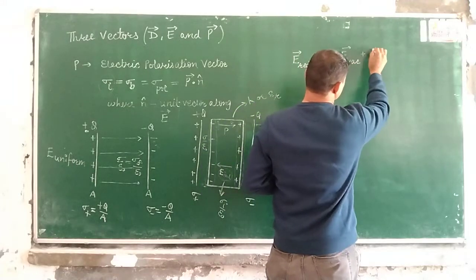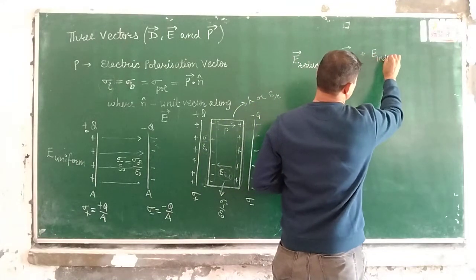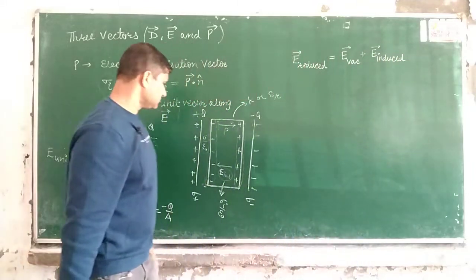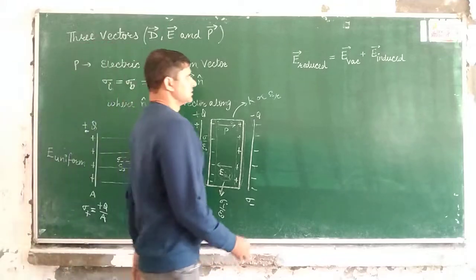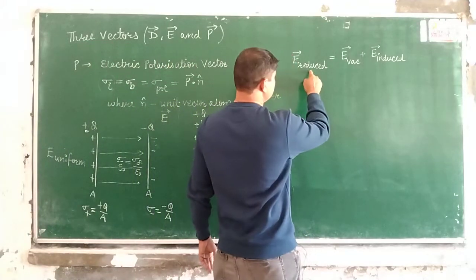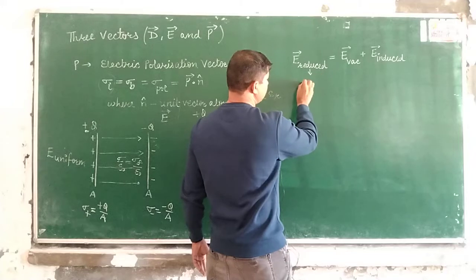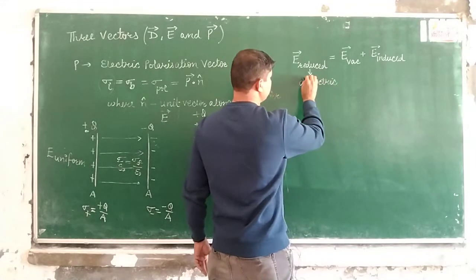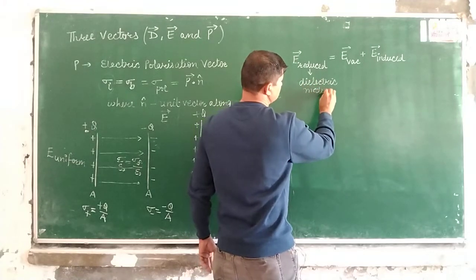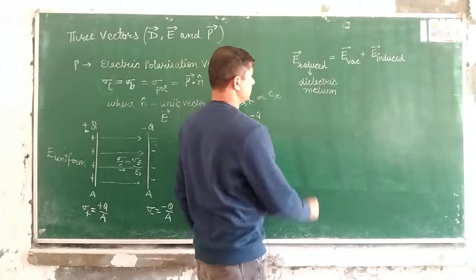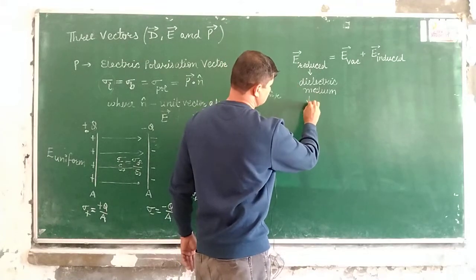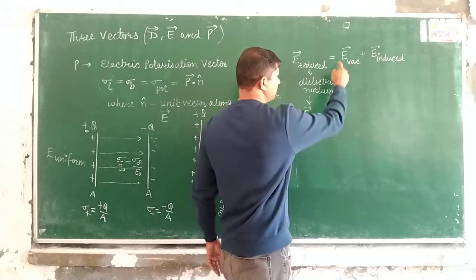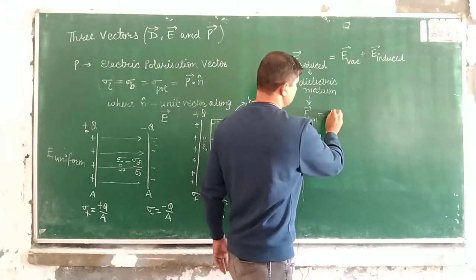And plus E induced, and this E induced is due to which charges? Induced charges. So now this E reduced is in the dielectric medium, or we can write it as E in the medium, and this will be E in the vacuum.